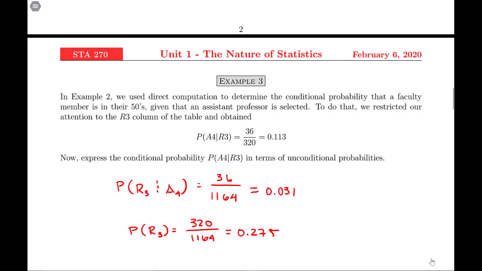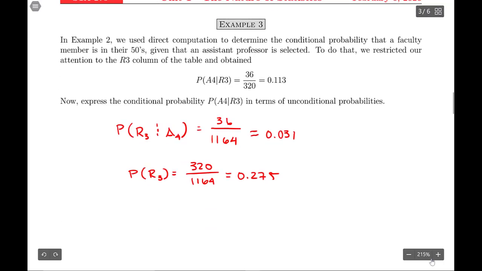So from the previous probabilities, the probability of A sub 4, given that they are an assistant professor, is going to be 36 out of 320.